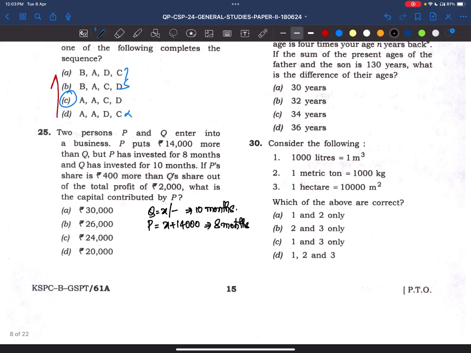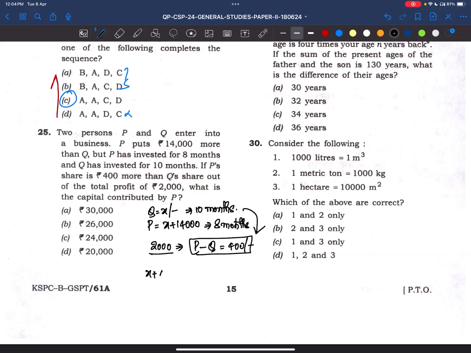Okay, what is it telling? The profit is 2,000 rupees. The profit earned by P minus the profit earned by Q is 400 rupees, right? From this equation we'll solve the question. What is the share of P?